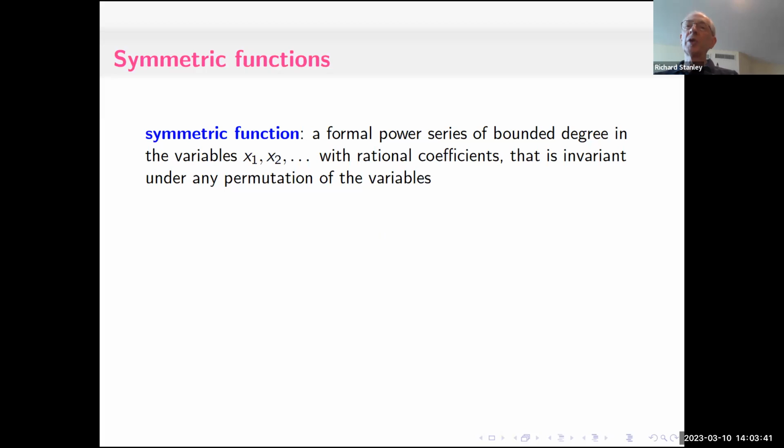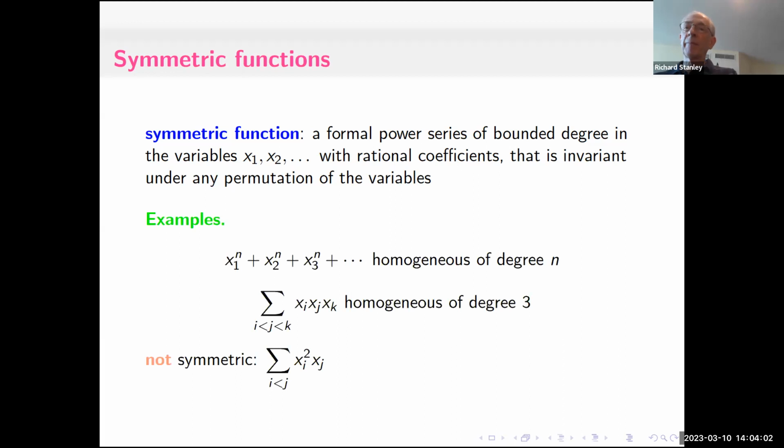By a symmetric function, I just mean a formal power series of bounded degree in infinitely many variables, x1, x2, etc., let's say with rational coefficients. Symmetric means that it's invariant under any permutation of the variables. Not really a function, it's a formal power series.